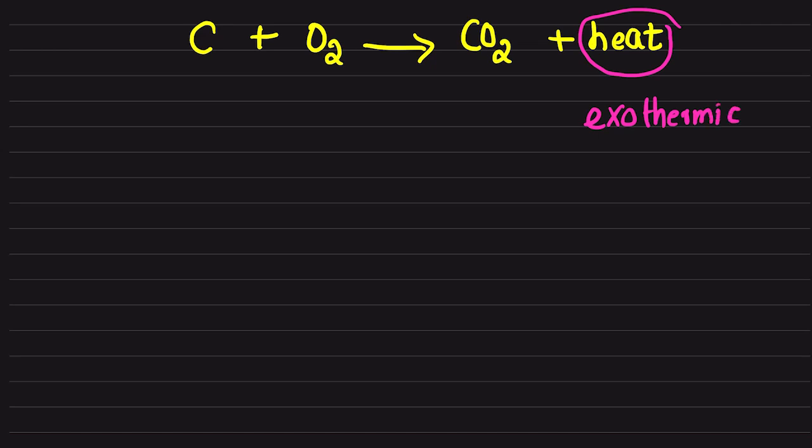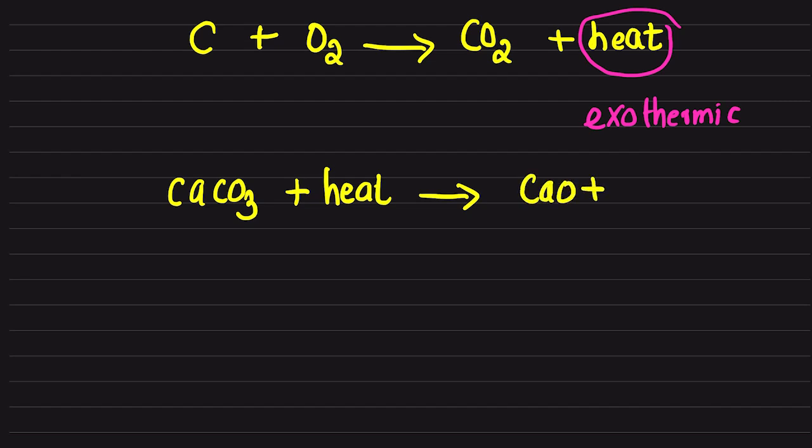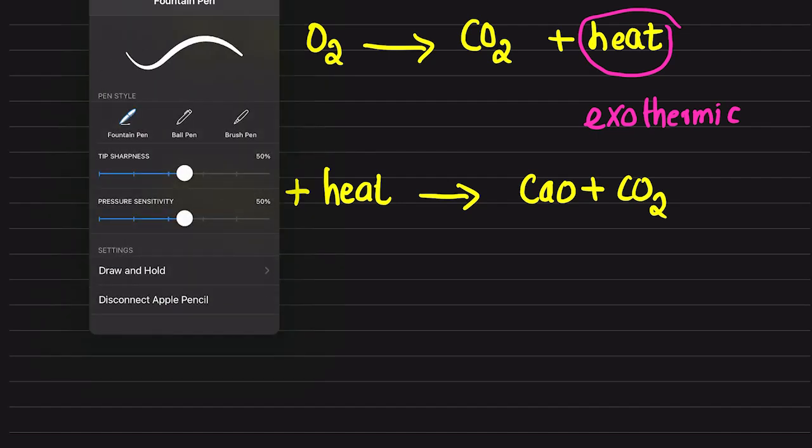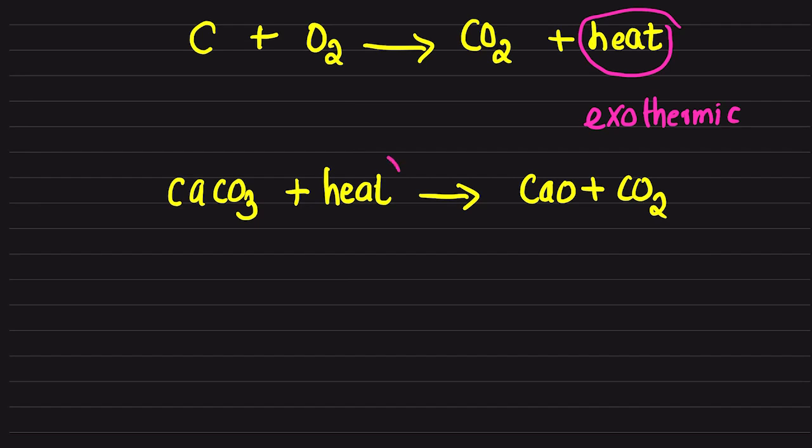Another reaction, if I write it like this: CaCO3 plus heat forms CaO plus carbon dioxide. When you look at this reaction, the heat is on the left hand side, which shows that it gets absorbed, so it is an endothermic reaction.